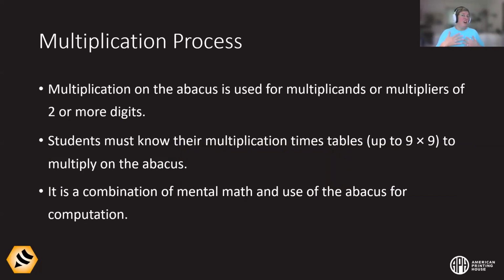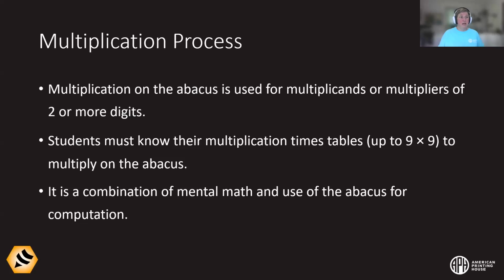Our students need to already be able to recite their multiplication tables up to 9 times 9 because the abacus is for multiplication of numbers with more digits. This is why I mentioned the math standards for 3rd and 4th grade. While the abacus can be used quickly for repeated addition and some understanding, that full act of multiplication on the abacus will not be learned until the student has learned their times tables.